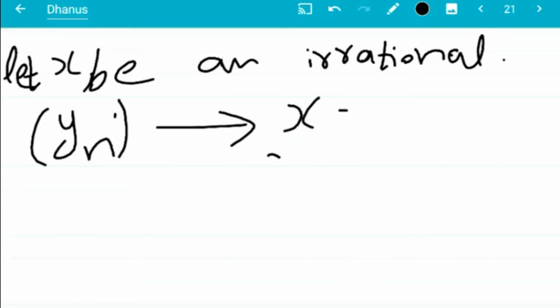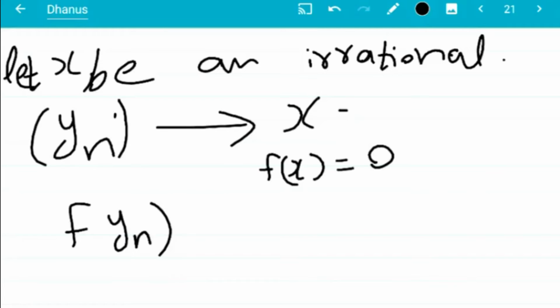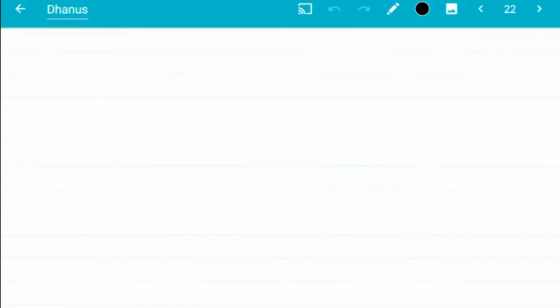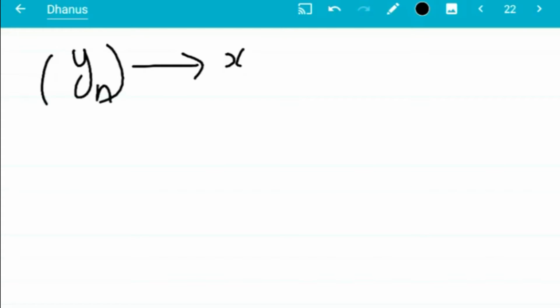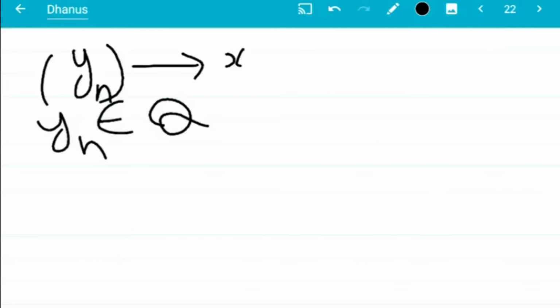That I know. I have to prove that f of yn converges to 0. And I have taken a sequence of rational numbers that converges to x. I'm taking it from Q, since we need to check only for rational numbers.